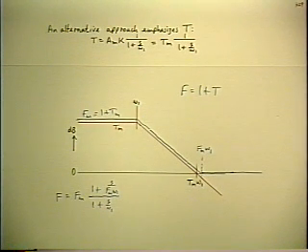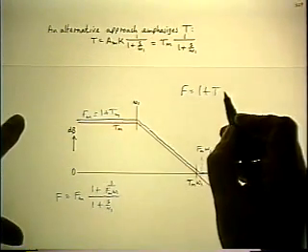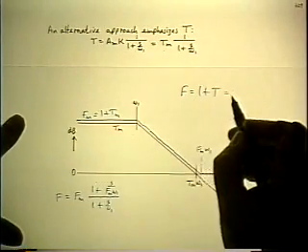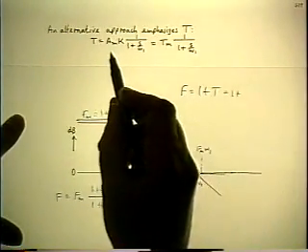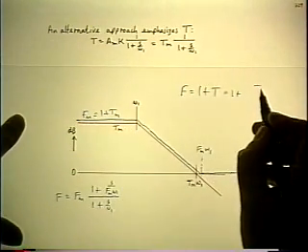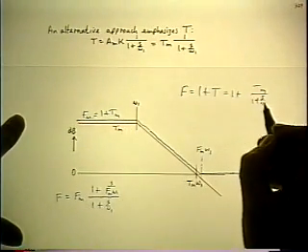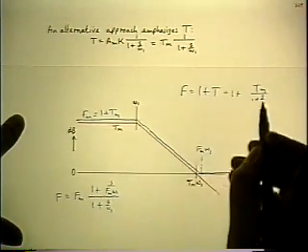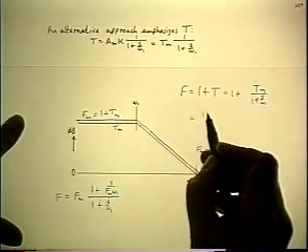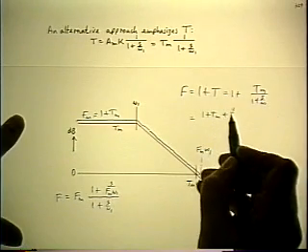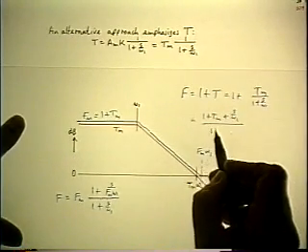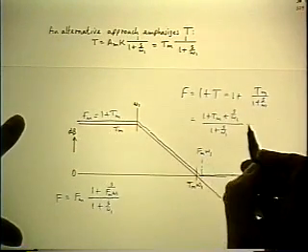Well, that's nice, but then you say, well, that involved a guess. We'd better go back and check that. Well, it's easy to check it, because this is a simple case, because it's easy to do the algebra. So, here's 1 plus the T, and the T is Tm with a single pole. Cross multiply gives you 1 plus Tm plus S over omega 1 over 1 plus S over omega 1.